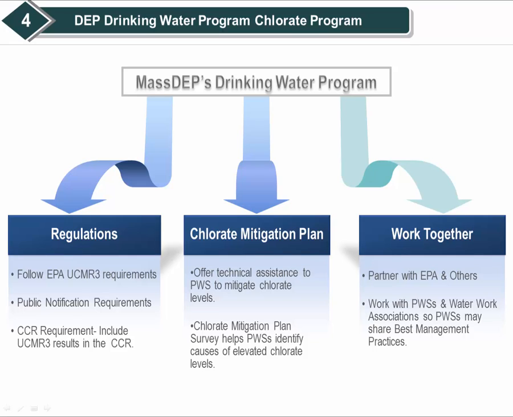Through its Chlorate Mitigation survey and plan, it offers technical assistance to public water systems that detected chlorates to mitigate their chlorate levels. At the same time, MassDEP works together with public water systems and waterworks associations to develop opportunities to share best management practices.